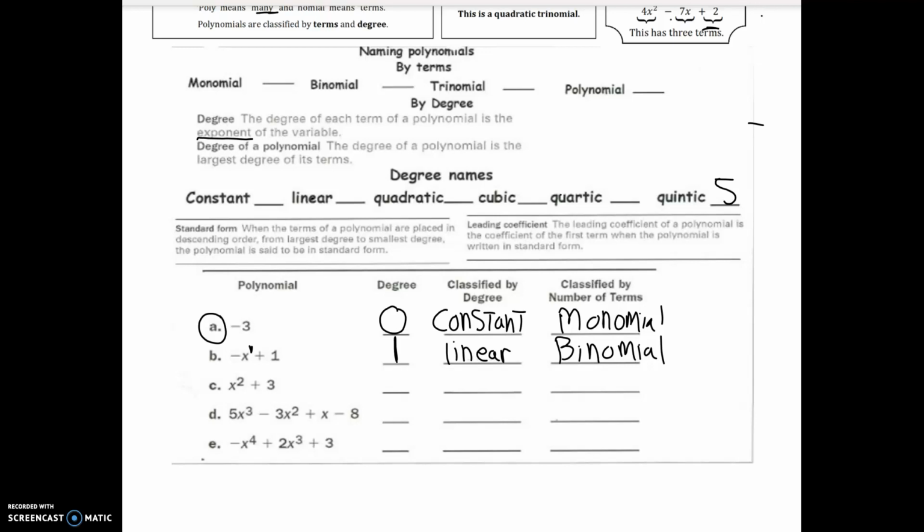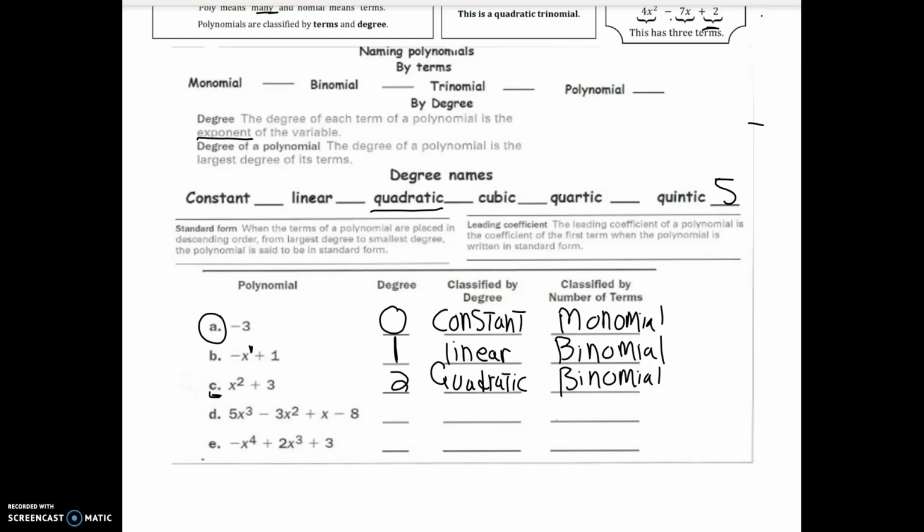All right, the third example, C. Degree 2. We call the degree of 2 a quadratic. And we have 2 terms. So this is another example of a binomial.